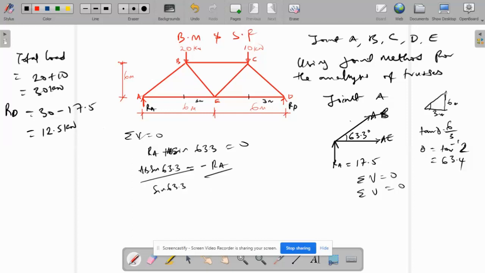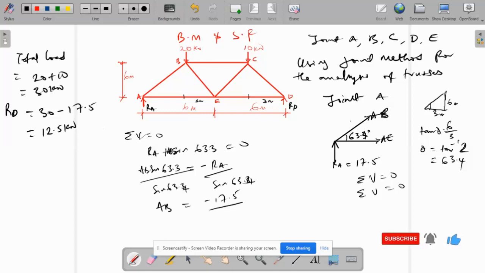So our AB will be equal to our reaction A, which is minus 17.5, over sine 63.3, or 63.4, not 63.3, rather, it's 63.4.